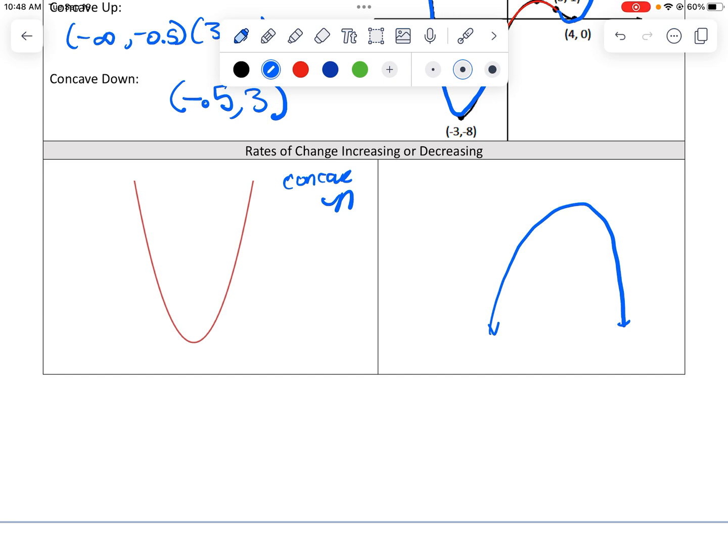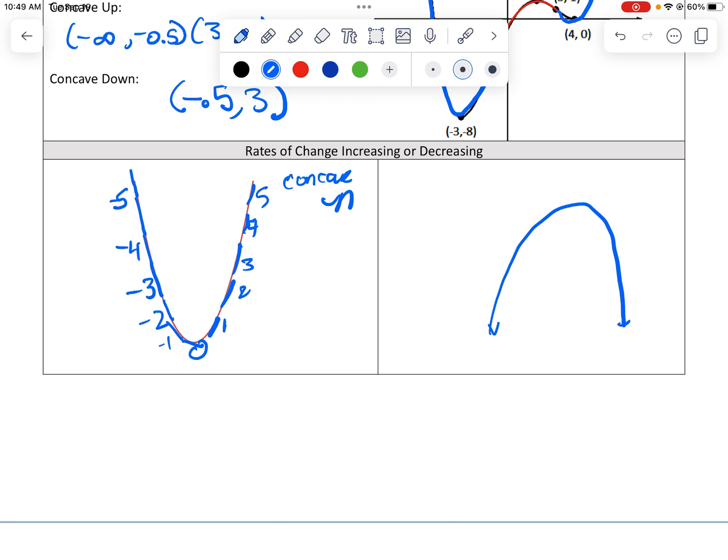Because right here, if we look at this slope, the function is decreasing. But if I was to look at this slope, it's kind of like this has a -5, -4, -3, -2, -1, 0 slope. And then it starts getting steeper and steeper.